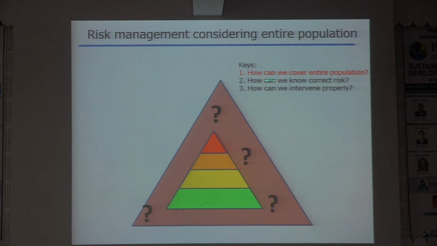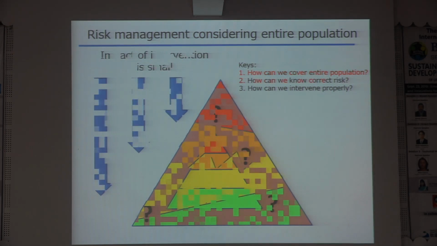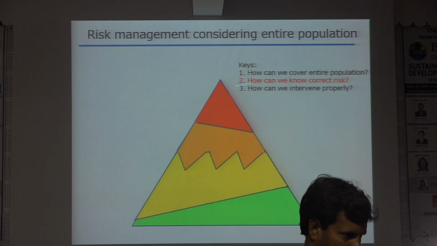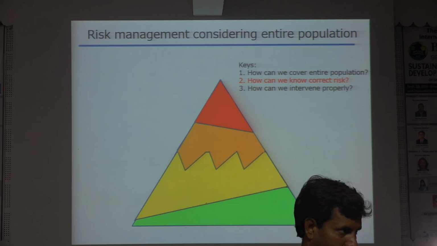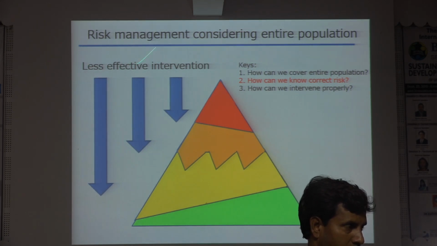How can we cover the entire population if we cannot cover this? The impact of intervention is small, so it's not good. And next, if we cannot know the correct risk, the intervention is less effective.